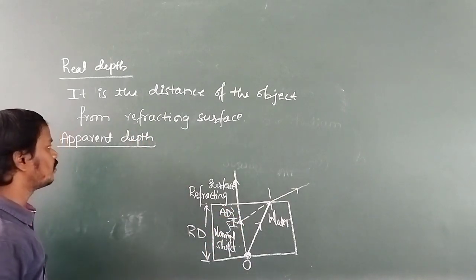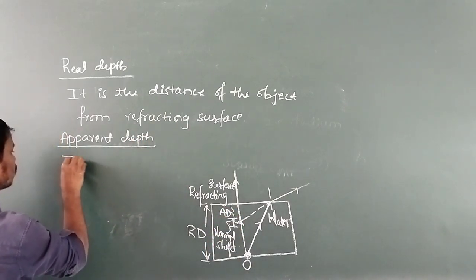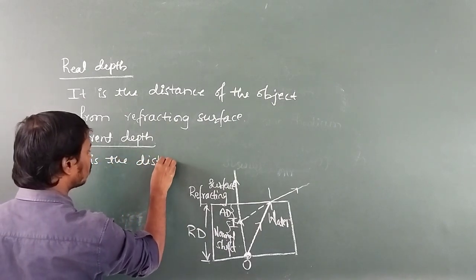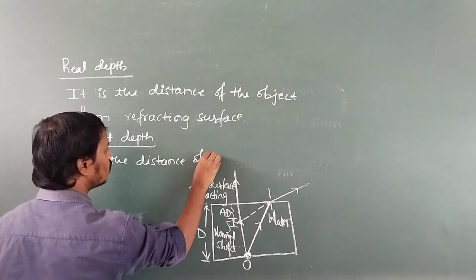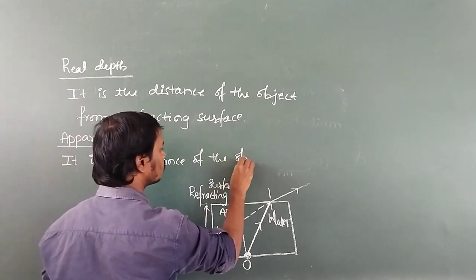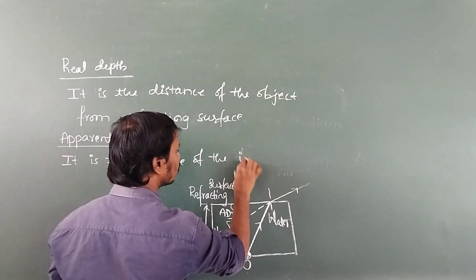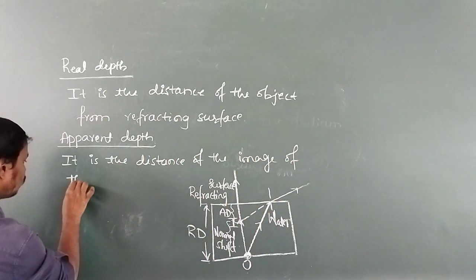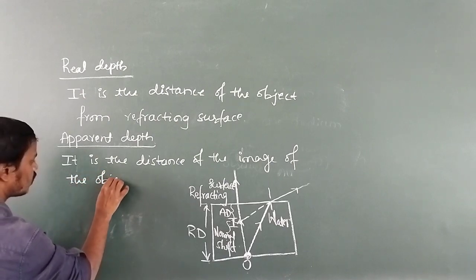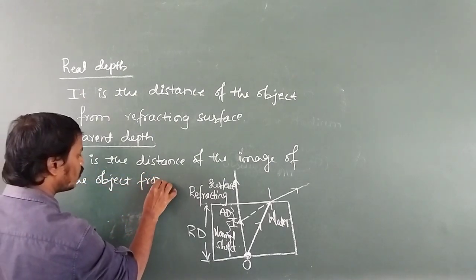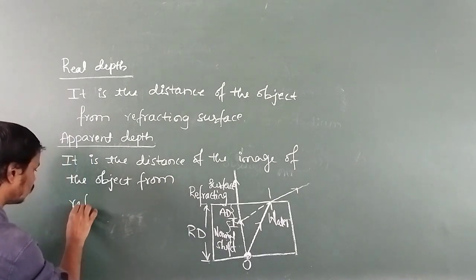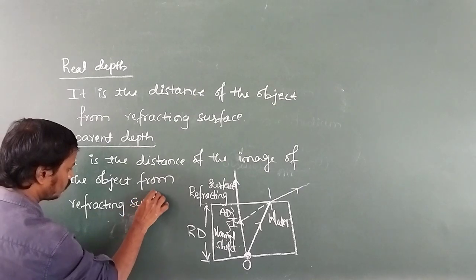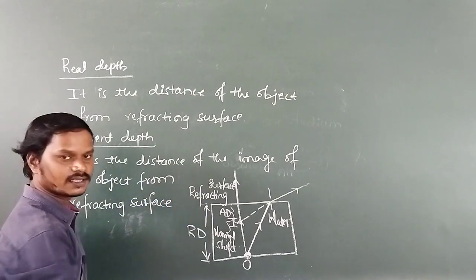Okay. Then what is apparent depth? It is the distance of the image of the object from the refracting surface.